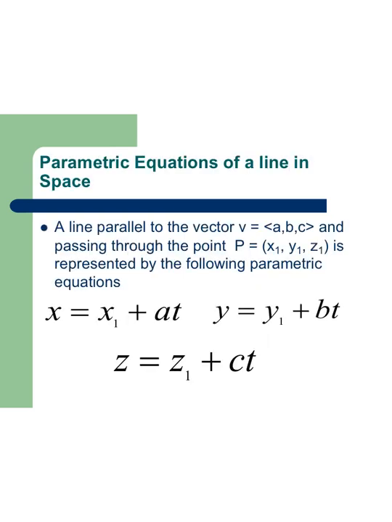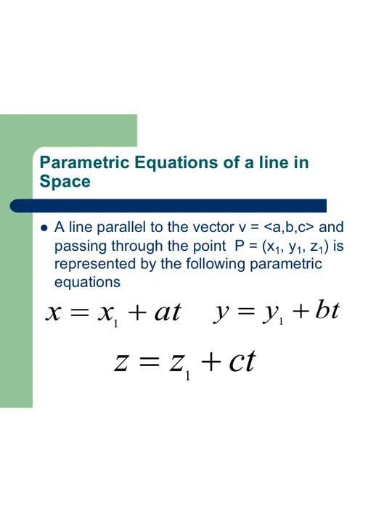To find a parametric equation of a line in space, we're going to find a line that is parallel to the vector ABC and also goes through the point x1, y1, z1. So we come up with three different parametric equations. For our x-coordinate, x is equal to x1 plus a times t, where x1 is the x-coordinate of the point on our line, and a is the x component of your vector that is parallel to your line.